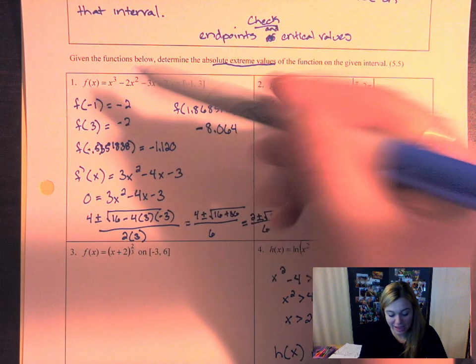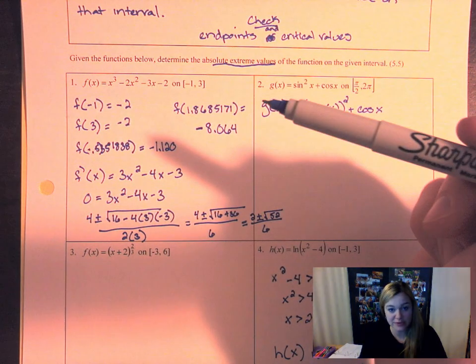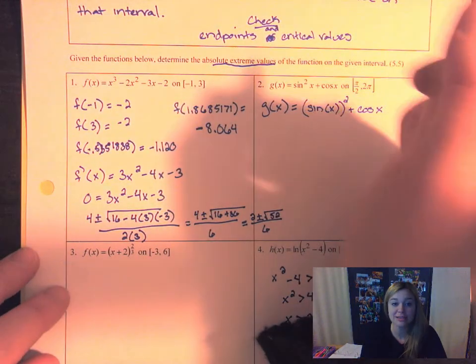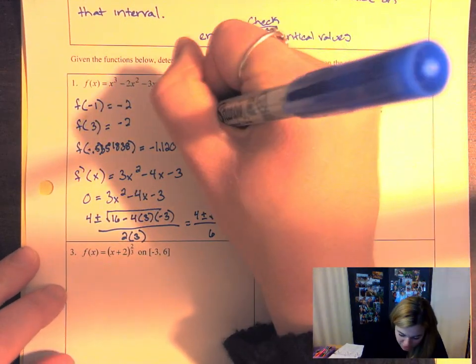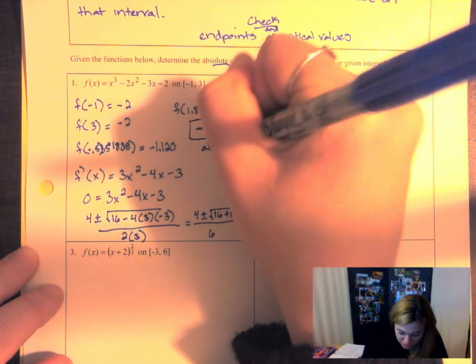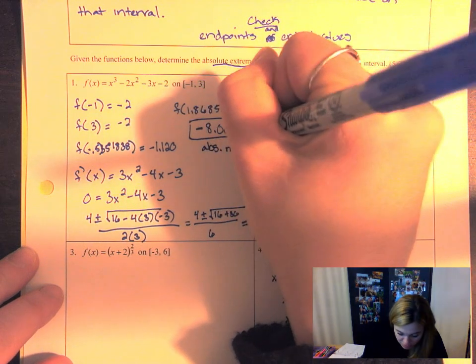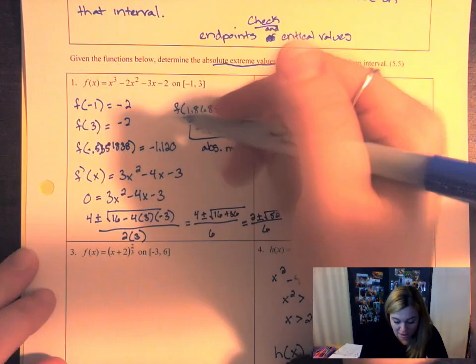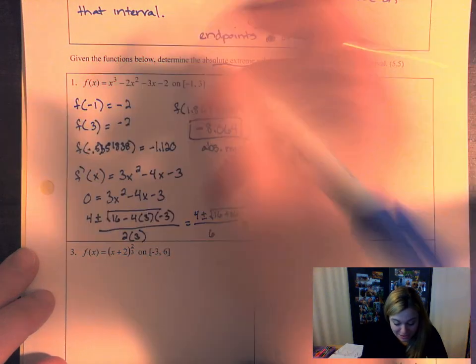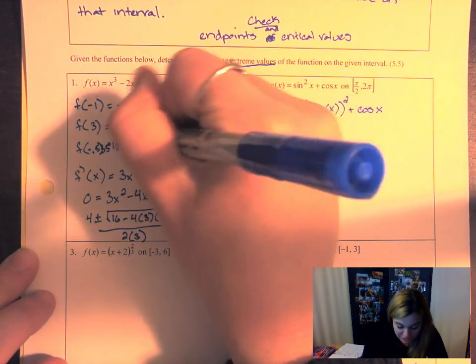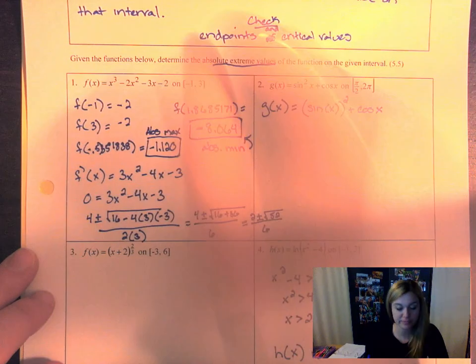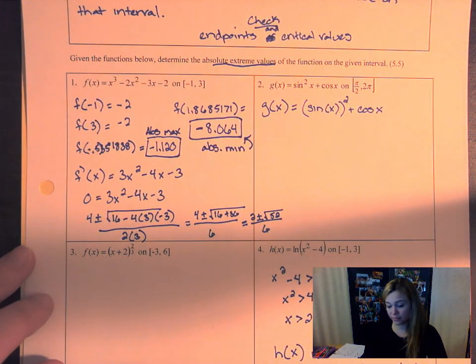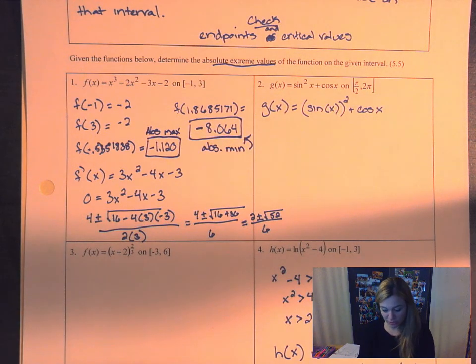Now that I have these endpoints and where the derivative is 0, I look at the highest number and the lowest number. This is going to be my absolute minimum. For my absolute max, I picked my highest number. This one's not very high, but this is going to be my absolute maximum. Ta-da! We did it.